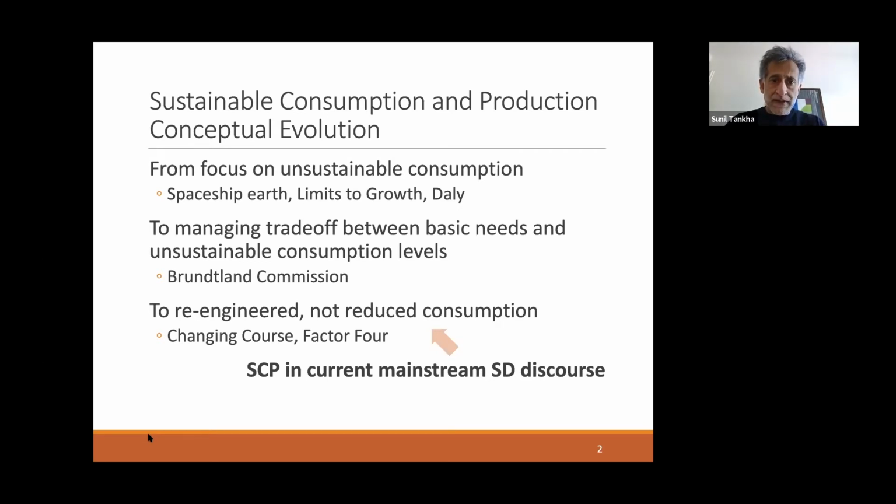However, in order to deal with this, the United Nations started thinking about it, and there was a Brundtland Commission, the famous World Commission, which came up with the definition that we are still using for sustainable development: the ability to preserve the ability of future generations to meet their own needs.